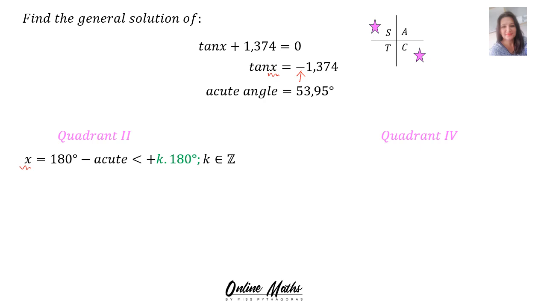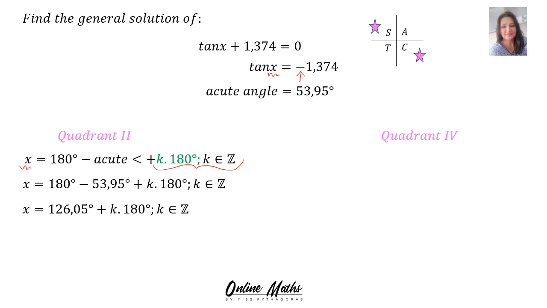And now with general solution, you add plus k times 180, k element z. And then you can just solve your equation there. X is equal to 180 minus the acute angle, which is 53,95, plus k times 180 degrees, k element z, and then your final answer for the general solution here in the second quadrant is x is 126,05 degrees plus k times 180 degrees, k element z.